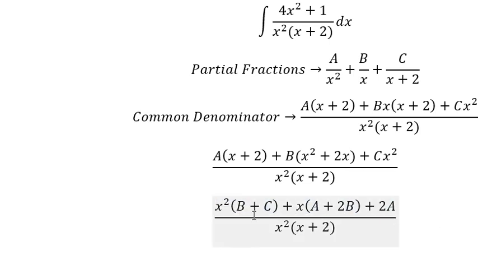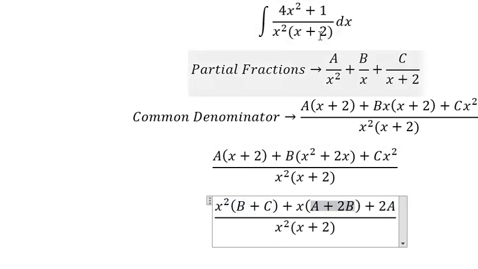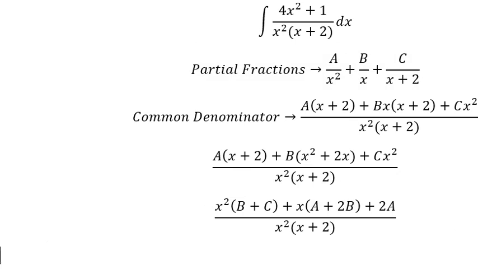So now we need to compare coefficients. We have number 4. That means B plus C equals number 4. We don't have s, so this one equals number 0. And 2A equals number 1.